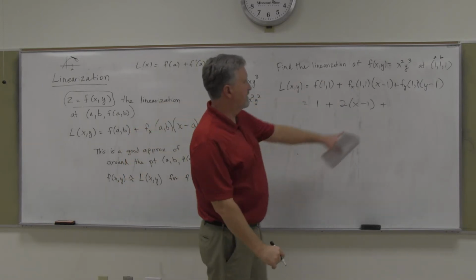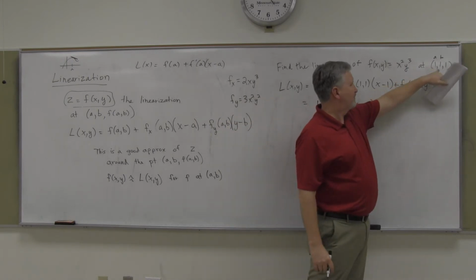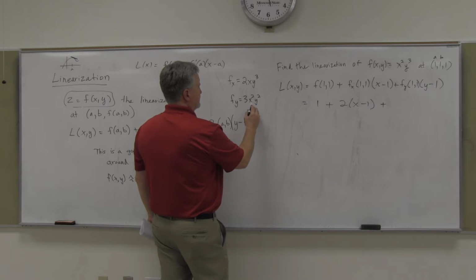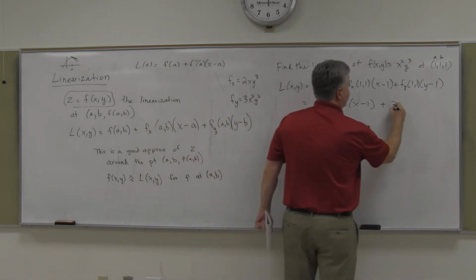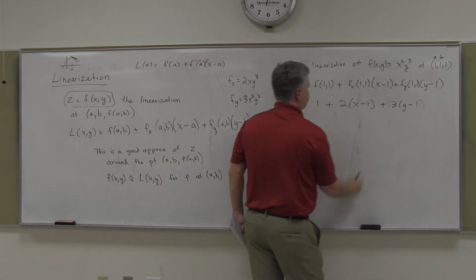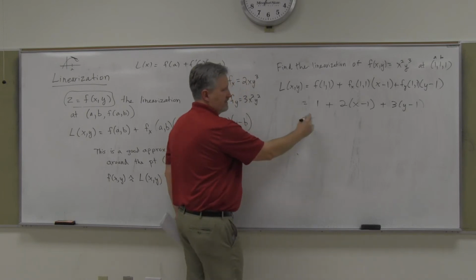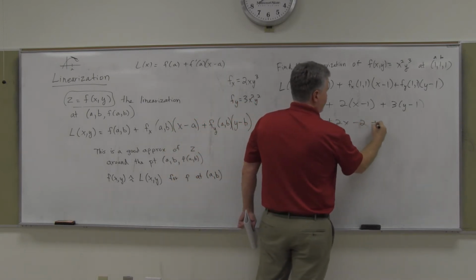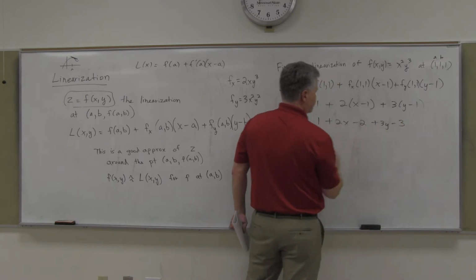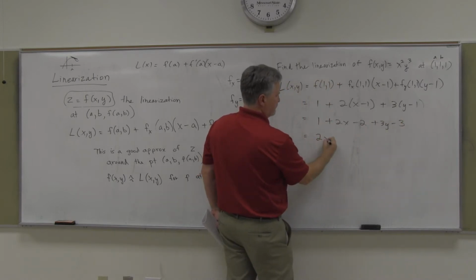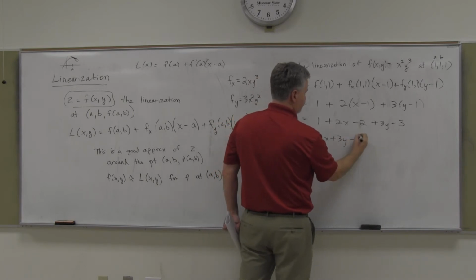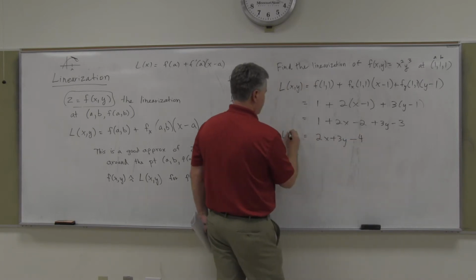And I made it real easy on myself here. 1, 1, so x is 1, y is 1, so that's just 3. And then they usually clean that up just a little bit. Simplify, distribute, and then simplify: 2x plus 3y minus 4, the linearization.